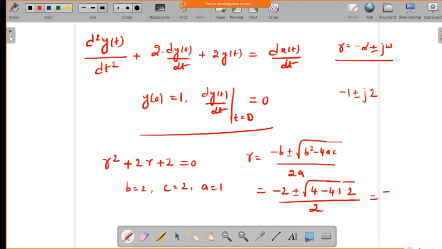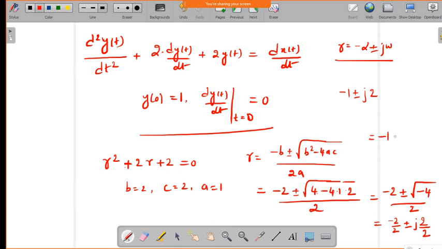Which is equal to minus 2 plus or minus square root of 4 minus 8, which is nothing but minus 4, divided by 2. So which is equal to minus 2 by 2 plus or minus, if you take the square root of minus 1, which is nothing but j, and root of 4 is nothing but 2, divided by 2. Okay, so what are you getting?